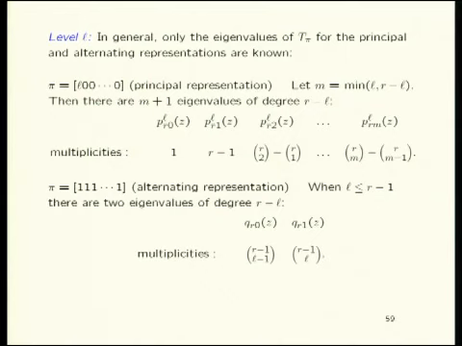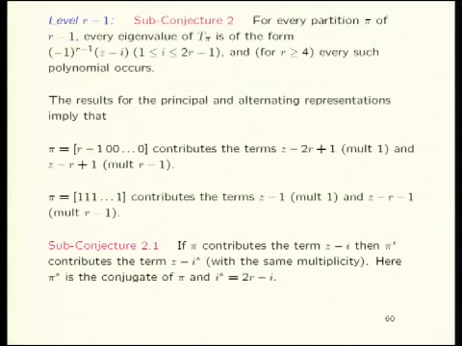I can actually give you formulae, and they're in the paper that I referred to earlier on. There are going to be that number m, which is the minimum of L and r minus L, for the principal representation, and there are just 2 for the alternating representation, and I know their multiplicities. That's quite interesting, but it doesn't seem to generalize.